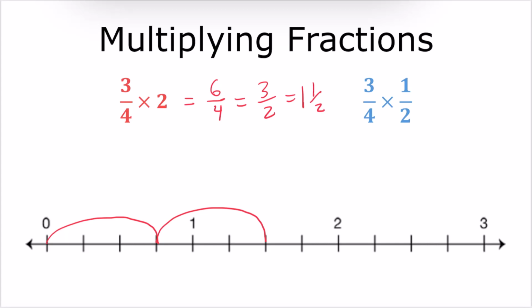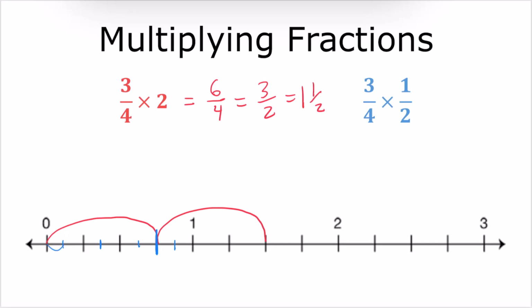But if you make a half of a copy of 3/4, that means you would go to the 3/4 mark and split that in half. Now, notice that the halfway mark is in between the 1/4 and 2/4 or halfway mark. And so in order to figure out what fraction that is, let's split all of the other units between 0 and 1 in half and count how many there are.